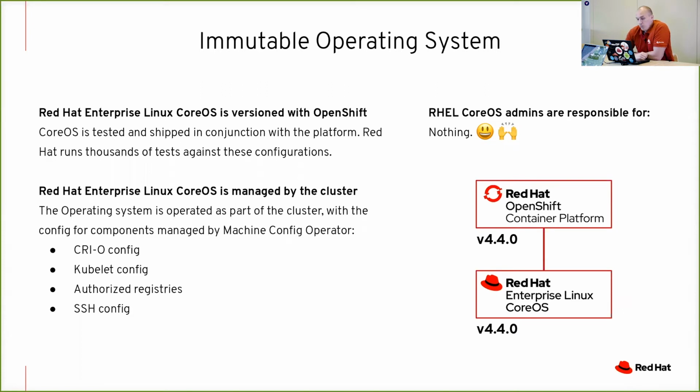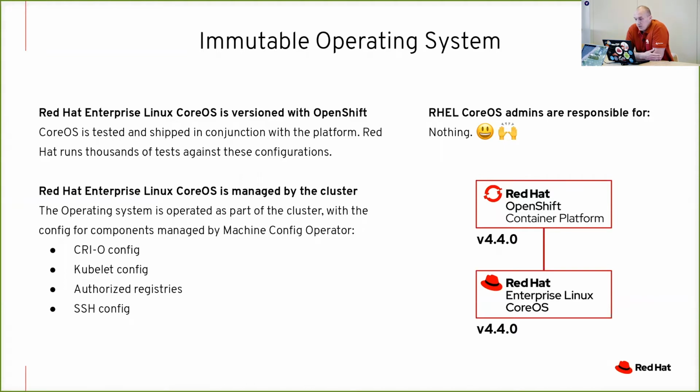It also has a kubelet, so that you can connect the server into the Kubernetes cluster. It has the configuration for accessing different container registries, so that you can run containers from the images that are stored in different registries, and it also has SSH for remote access.